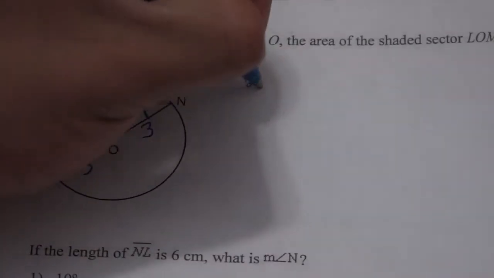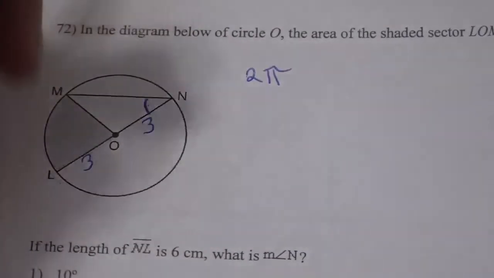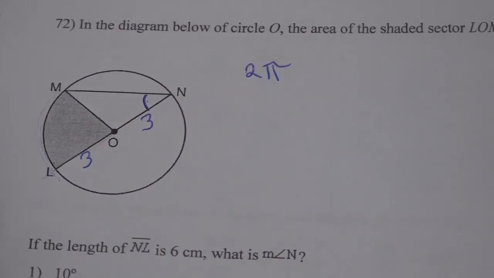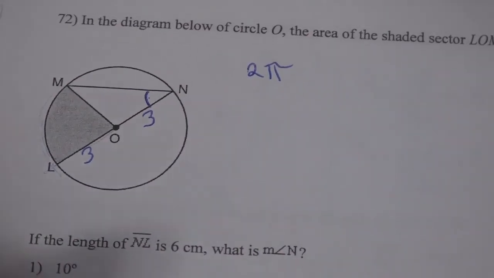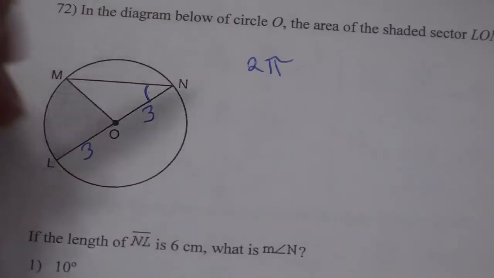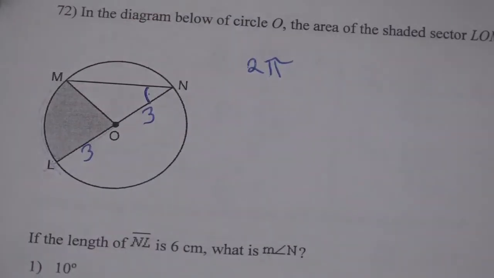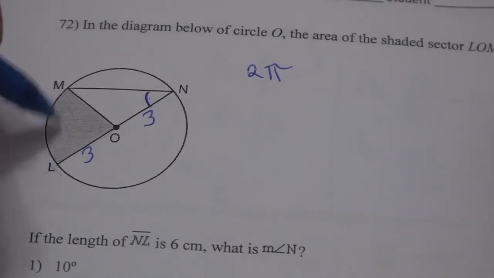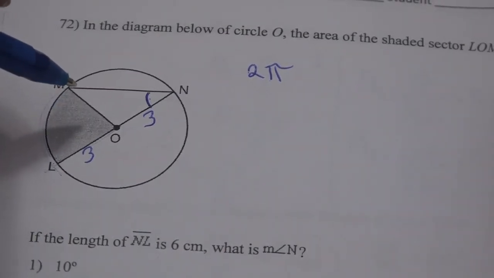So let's see now. By now you should already have memorized how to find the area of a sector, in radians or in degrees. So they say that the area is 2 pi.